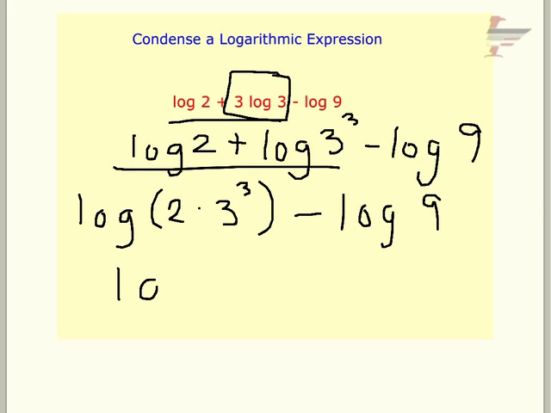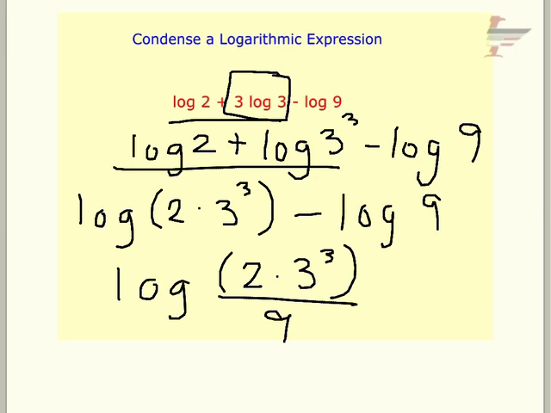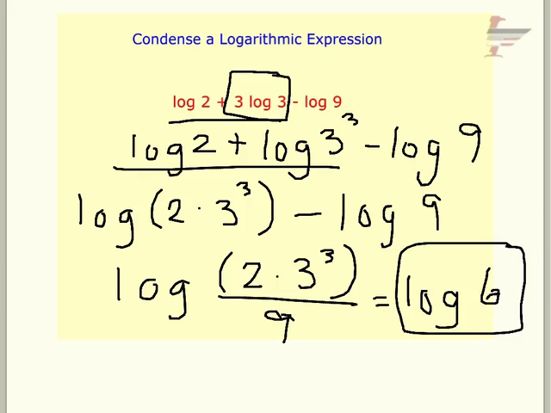So when I condense that, I'm going to have log of 2 times 3 cubed divided by 9. And then when I do the math, of course, 2 times 27 divided by 9, because 3 cubed is 27. And that, of course, is 6. So log of 6 is all of that stuff condensed.